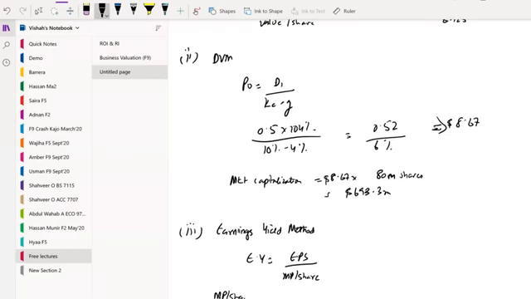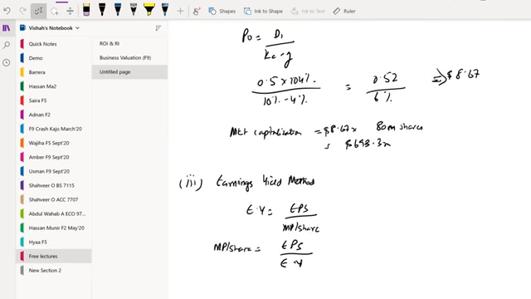Market price per share would be equal to EPS over earnings yield, where you already know how to compute the EPS, and the earnings yield is already mentioned in the question as 11% per year. So all we need to do is compute the EPS, because EPS is not given to us.